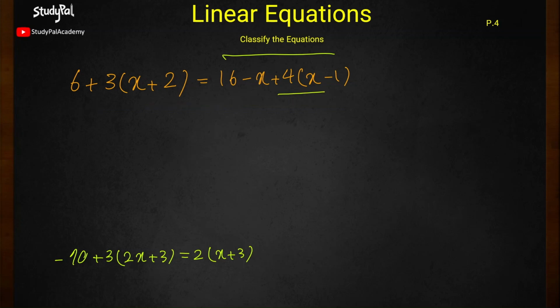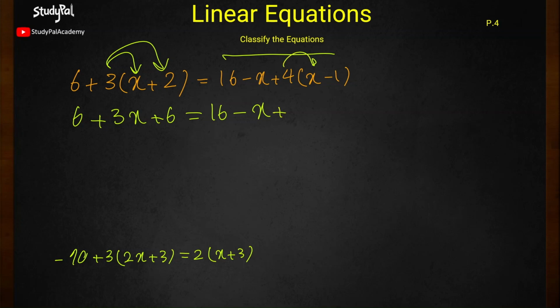When you see something like that, the first thing that comes to your mind is to distribute the parentheses. Let's do it. I have a 6 here plus 3 times x, which gives you 3x, plus 3 times plus 2, which gives you plus 6, equals 16 minus x plus 4x. 4 times minus 1 is minus 4.